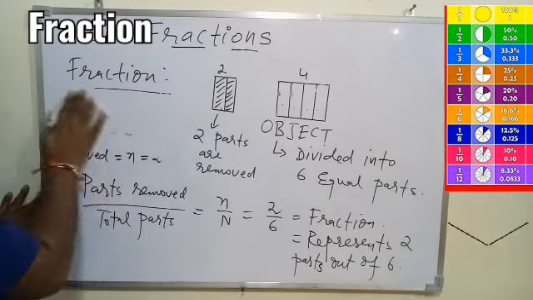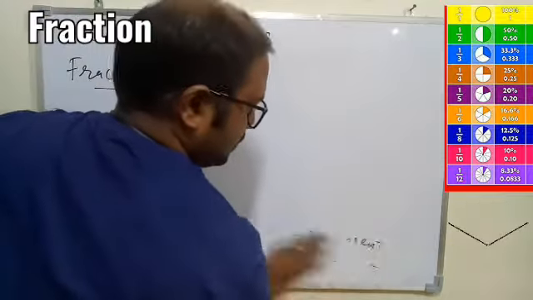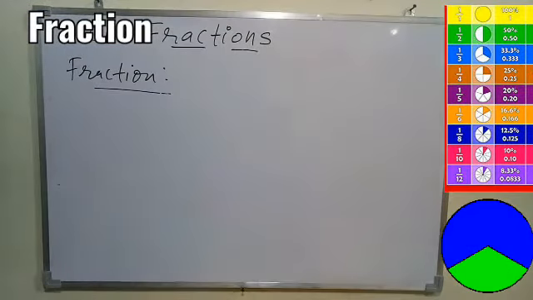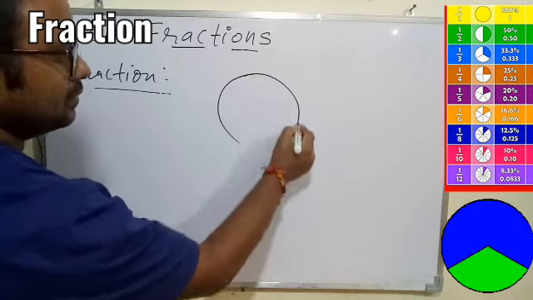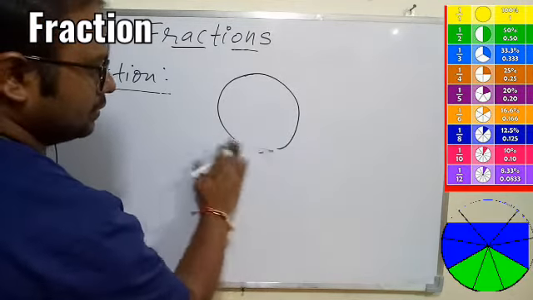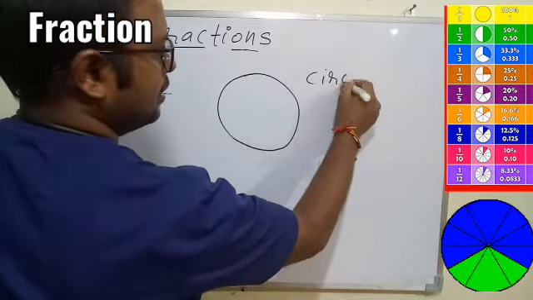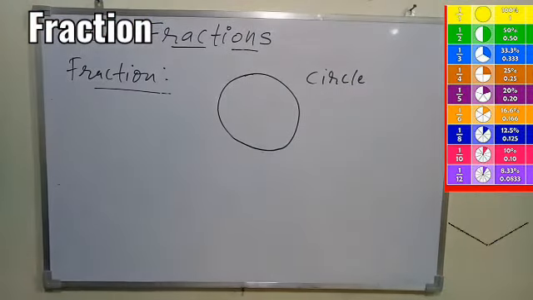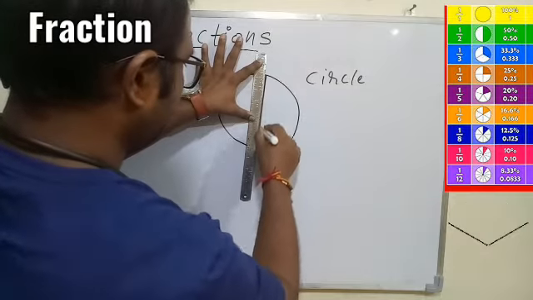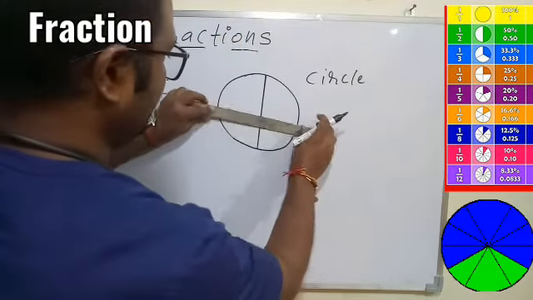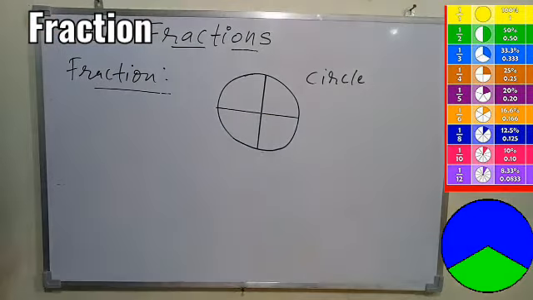Okay, now take another example. Let's start with a circle now. Okay, so now we have a circle, and let's divide this circle into a few parts. We are going to divide into equal parts, so that is to be taken care of. I may not be perfect here.